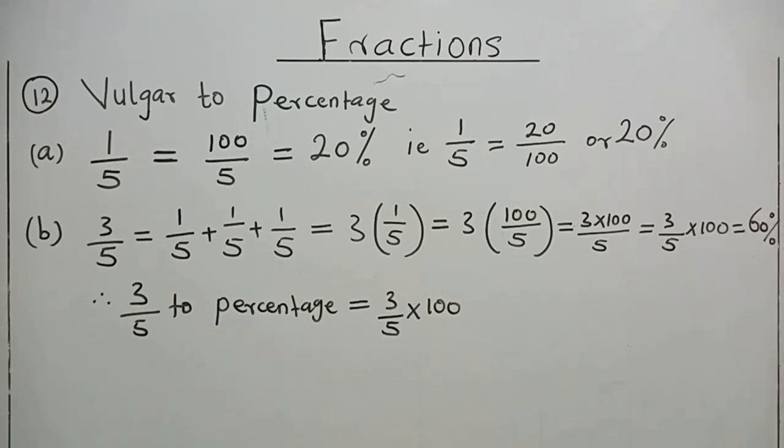Now back to the conclusion, the deduction we're trying to make here. If 3 over 5 to percentage is equal to 3 over 5 times 100, notice that 3 over 5 here is still where it is. The difference is that as a percentage, we have multiplied it by 100. That takes us to the final conclusion, which afterwards will be the formula for converting vulgar to a percentage fraction.